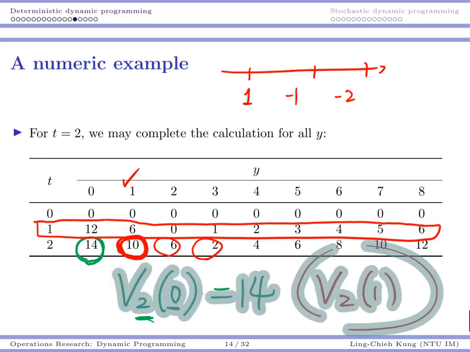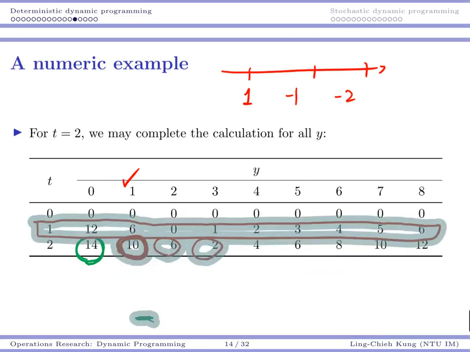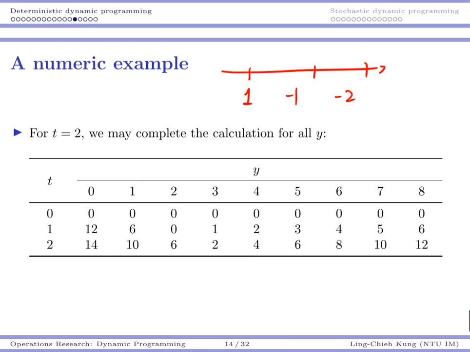So pretty much, if you know how to write a program, you should already get the idea. We're going to run it iteratively, right? We have a for loop that goes from 0 to 1 to 2. And in each loop, for example, when t is 2, we're going to run another inner loop. y is 0, y is 1, y is 2, y is 3, and so on.